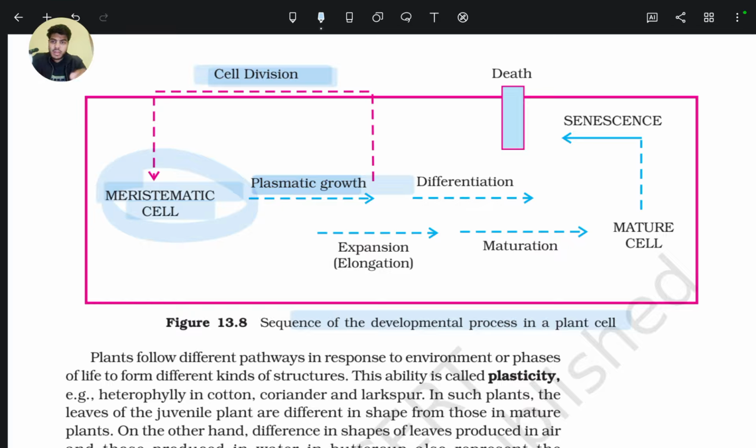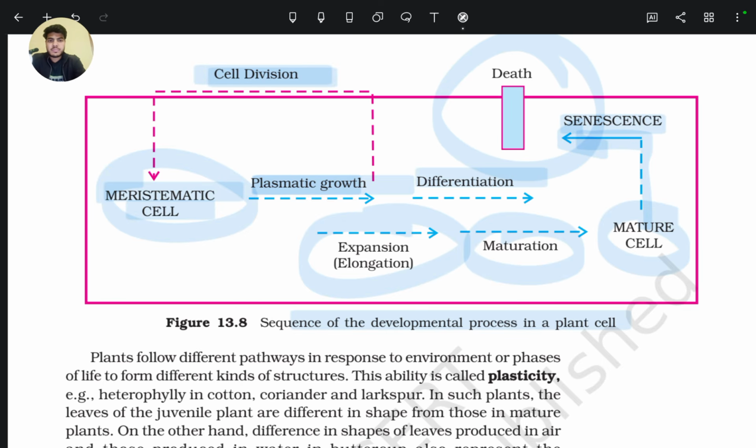During this process, the meristematic cell continuously divides and forms the main plant body. After it, the differentiation process occurs, in which there is expansion or elongation of the cell, then it matures to form mature cells, and the mature cell goes towards senescence and then death.